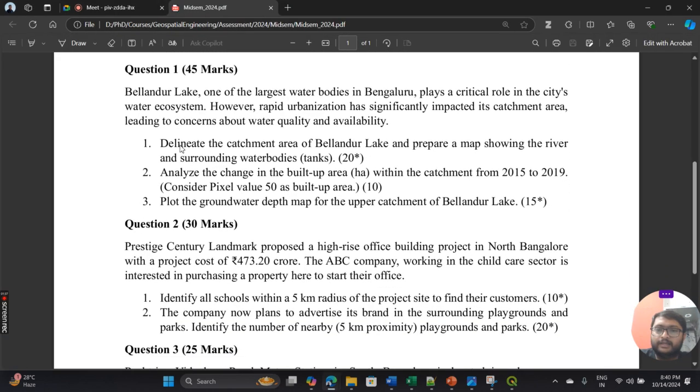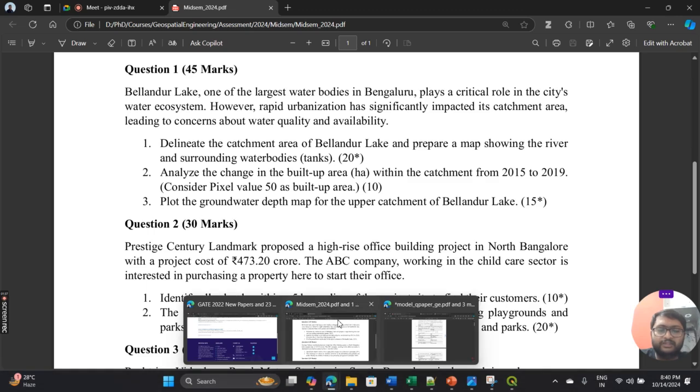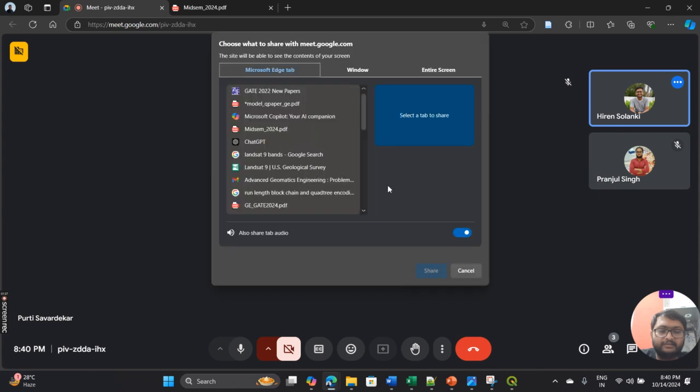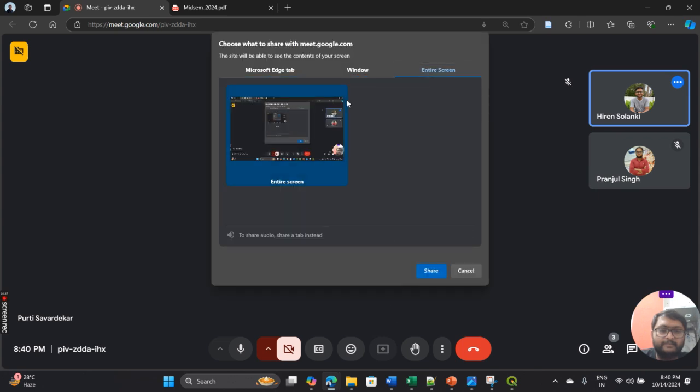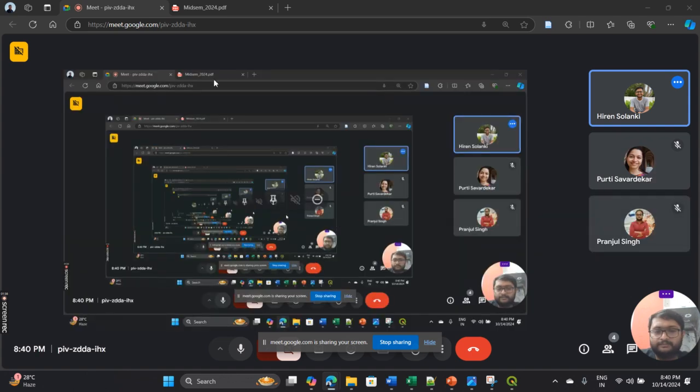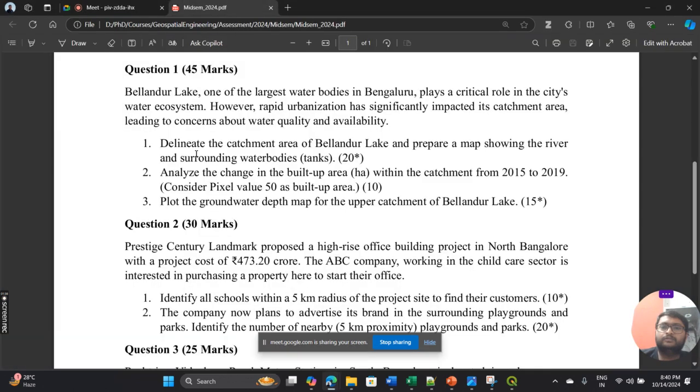Here, what kind of questions can we solve using GIS? I'll just present my screen. This is the question paper which we have given to the students.